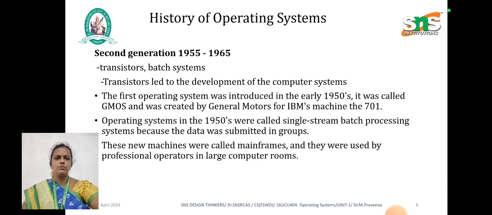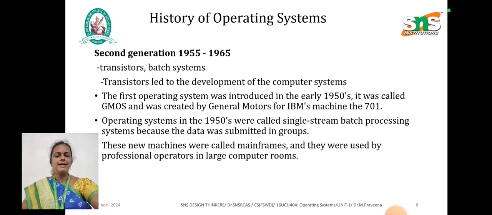The second generation is between 1955 and 1965. Here transistors and the batch system were used. Transistors led to the development of computer systems. The first operating system was introduced in the early 1950s and was called GMOS, created by General Motors for IBM's machine, the 701.